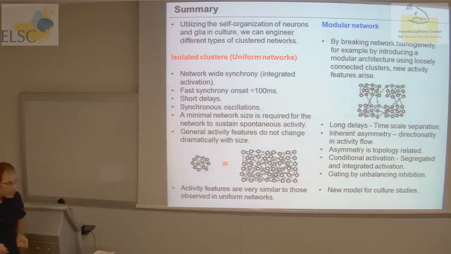And also you can use the unbalancing of inhibition, for example, with some neuromodulator, to achieve gating between connected subpopulations.